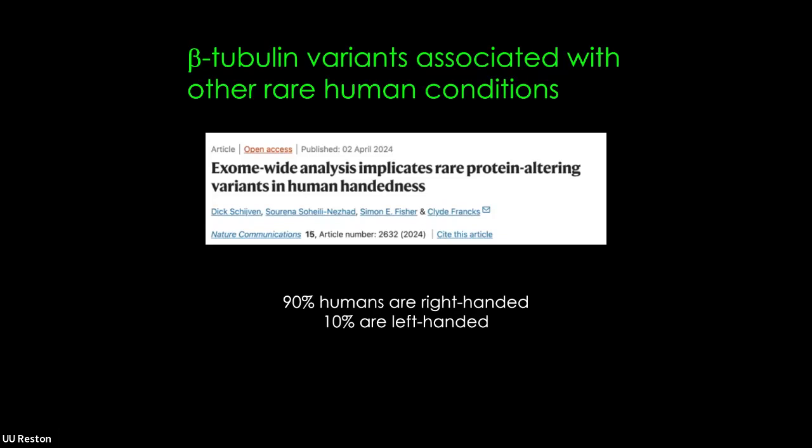So it was a study of handedness. 90% of people are right-handed, about 10% are left-handed. The study was done by a group in the Netherlands, and they used data from a biobank in England.